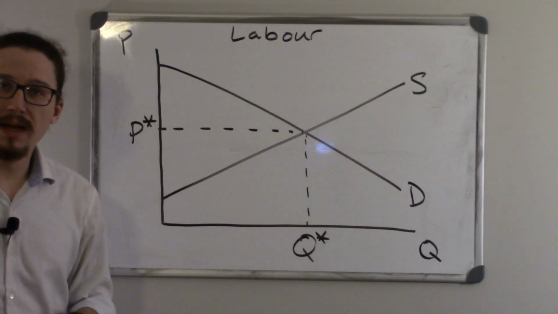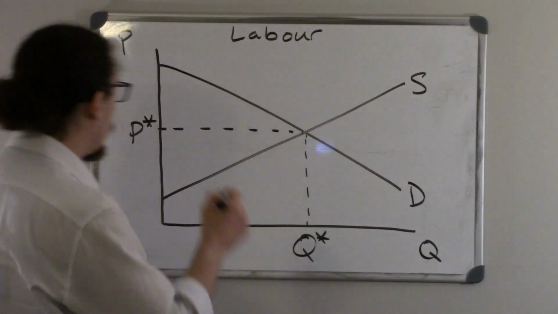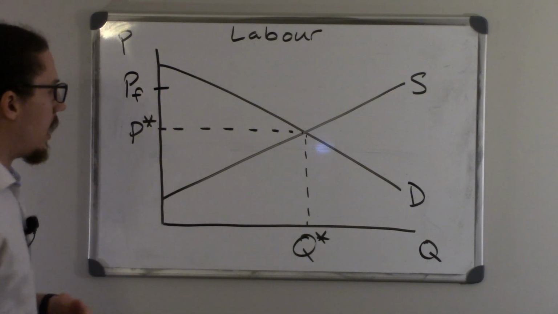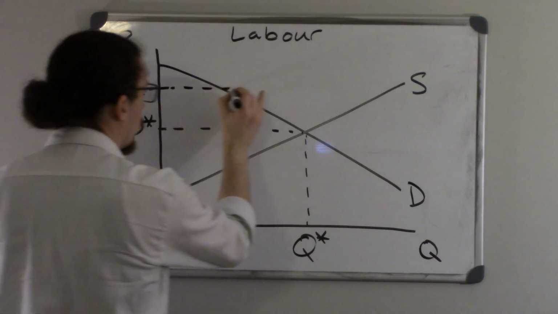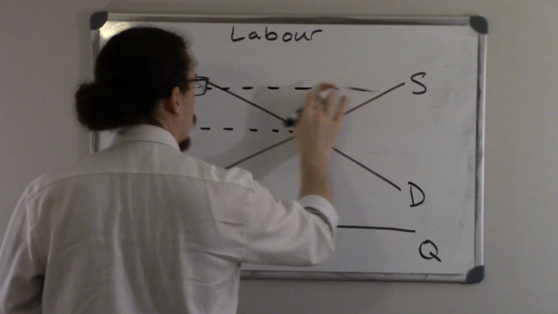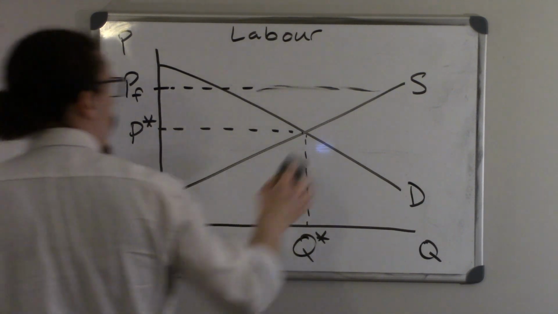So here we're looking at this. We know that a price floor is only binding if that price floor is greater than our equilibrium price. So let's set our price floor here. Actually, hold on, let's make this a different color so it's a little easier to see for everybody.